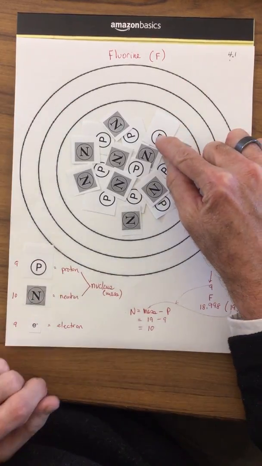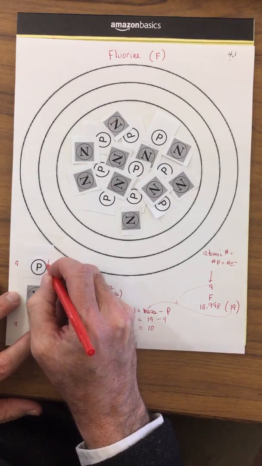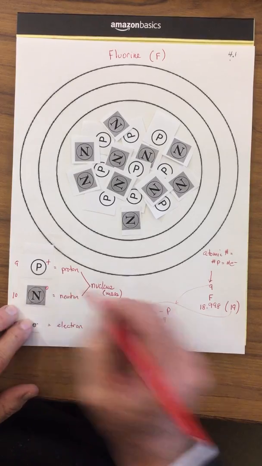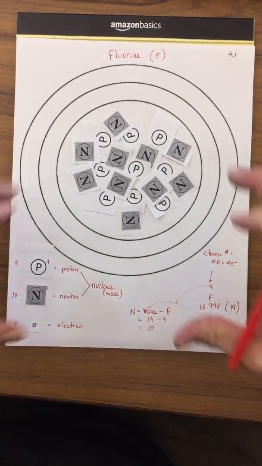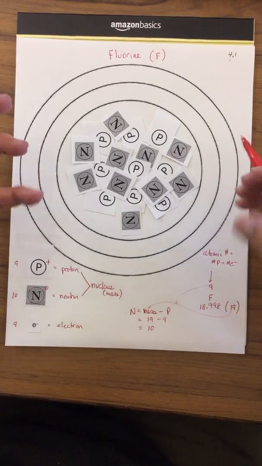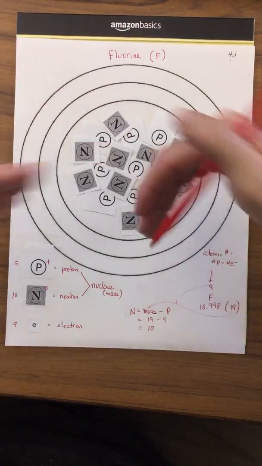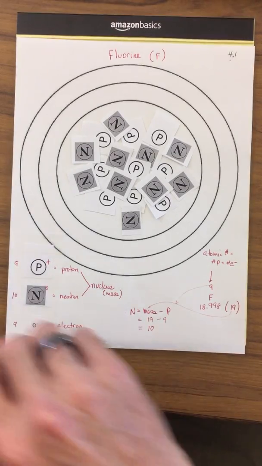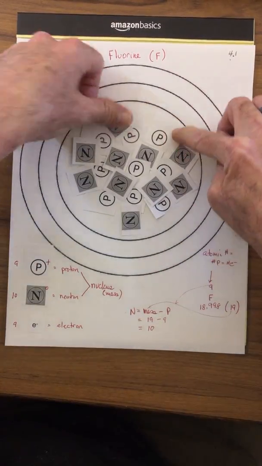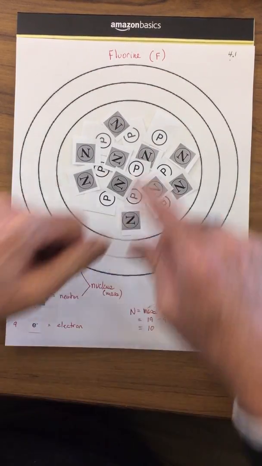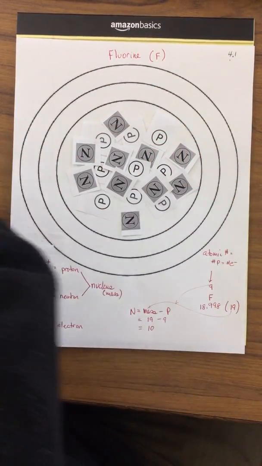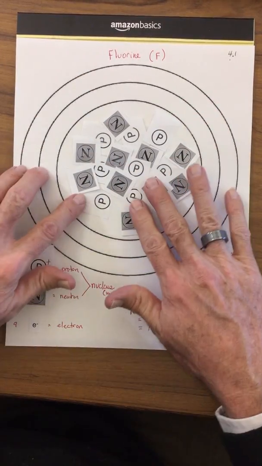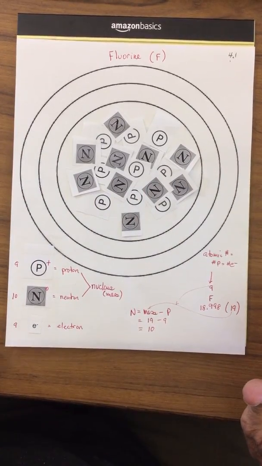Because if you think about it, the charge of a proton is positive, and the neutrons are neutral, with a charge of 0. Well, what holds these things together? There's really nothing to attract a positive and something that's neutral. And these are our strong nuclear forces. So I am simply going to put them together like this. And again, you're welcome to glue them. I'm just putting them all together like that, and I think they're all stuck right there.